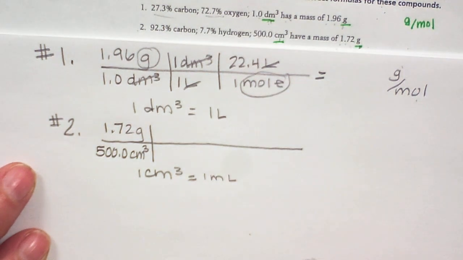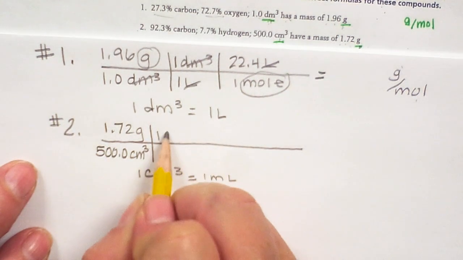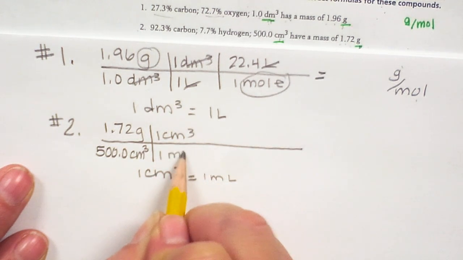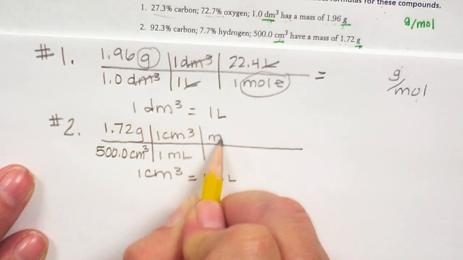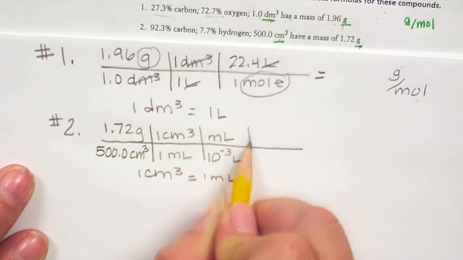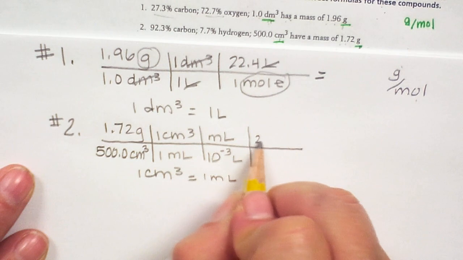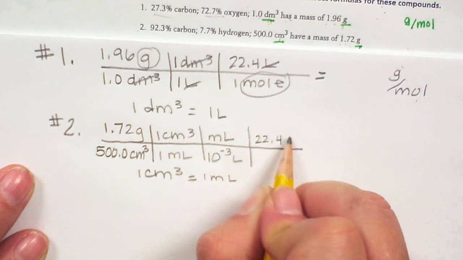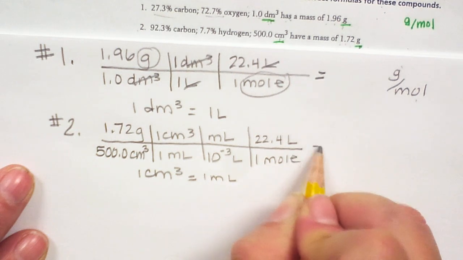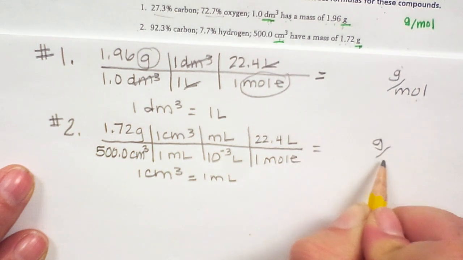And that is super helpful because from 1 milliliter we can get to liters. So 1 centimeter cubed, 1 milliliter, and then milliliter, 10 to the minus 3 liters, and then 22.4 liters, 1 mole. Equals, and then again, grams per mole.